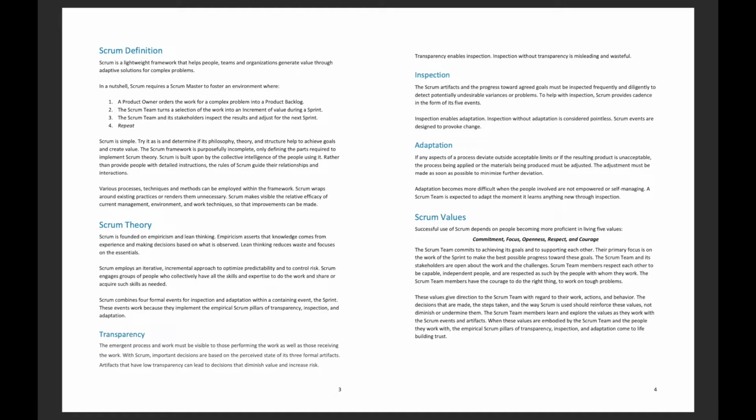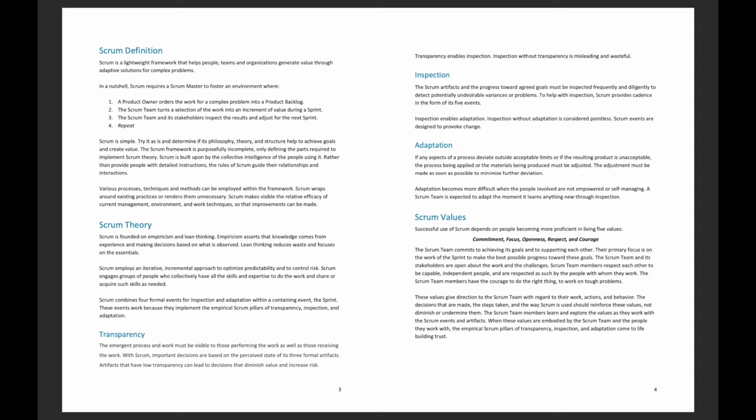Scrum Values. Successful use of Scrum depends on people becoming more proficient in living 5 values: commitment, focus, openness, respect, and courage. The Scrum team commits to achieving its goals and to supporting each other. Their primary focus is on the work of the sprint to make the best possible progress towards these goals.